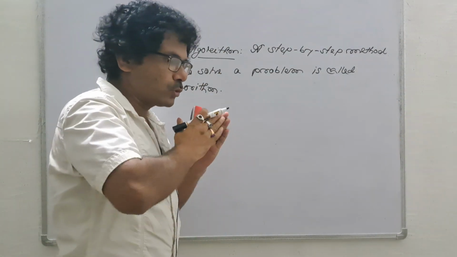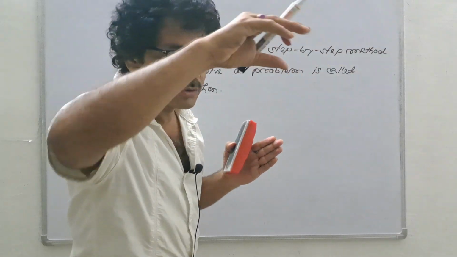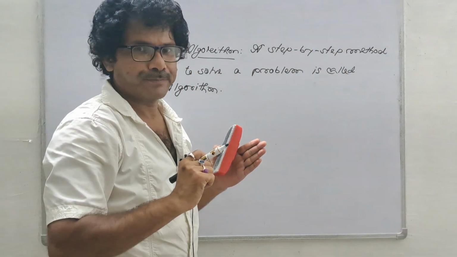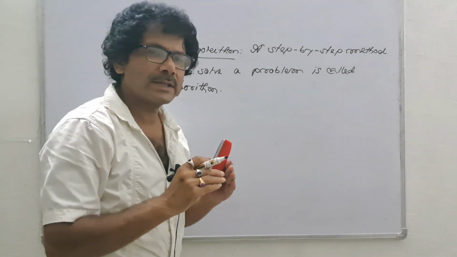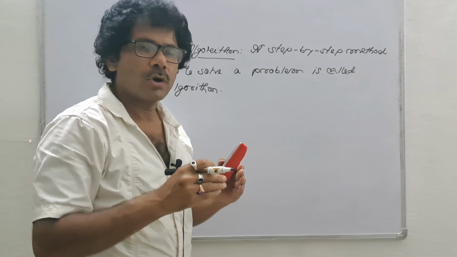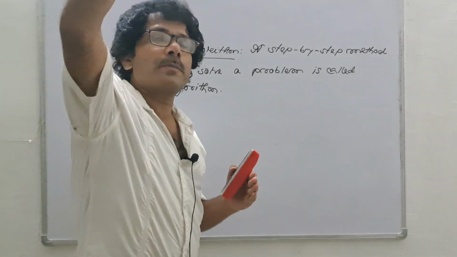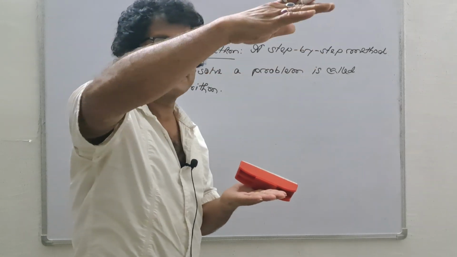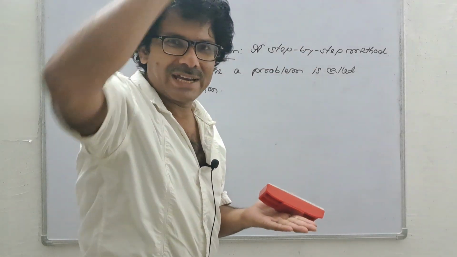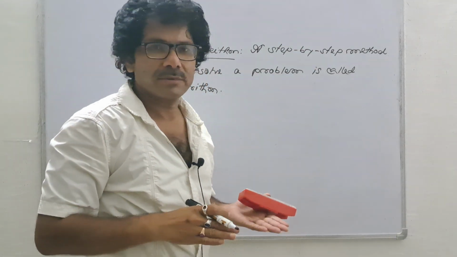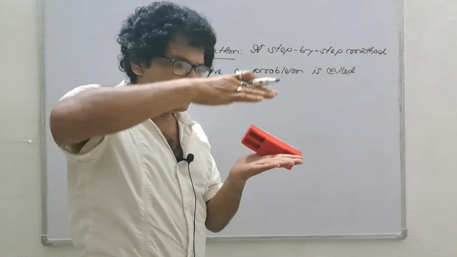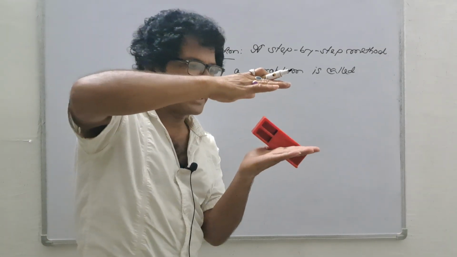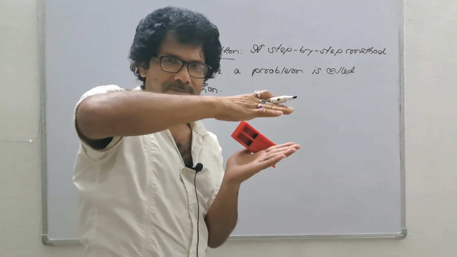That is, here we have to use many steps to find the solution of a problem. Just take the case of a ladder. If we want to rise to the top of a building, we have to use the steps of the staircase of the building. Each step is based on the previous step.